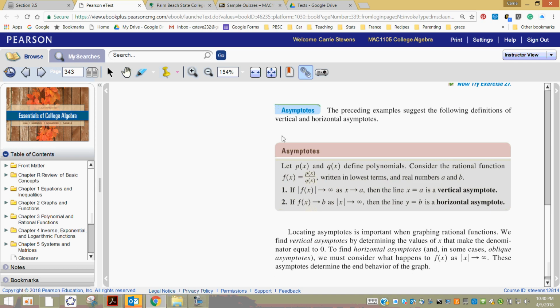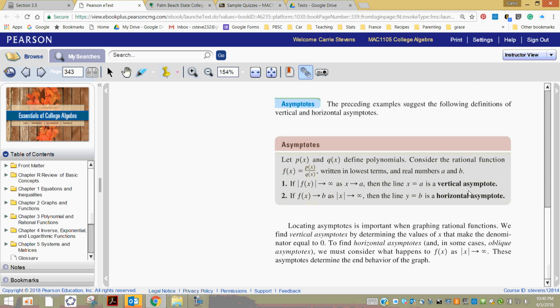Okay, so after just kind of looking at what makes sense to us, let's read what it says formally here about asymptotes. It says, let P of x and Q of x define polynomials.